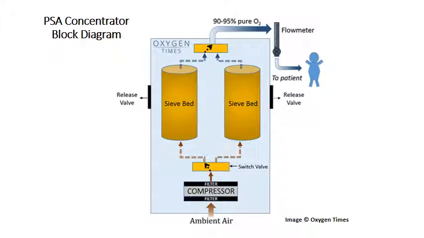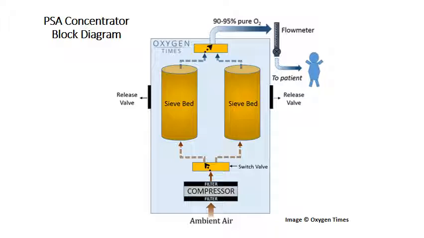So here's a very simplified block diagram of a pressure swing absorption or PSA concentrator. It shows the two zeolite sieve beds which are capable of trapping nitrogen while passing oxygen and argon.